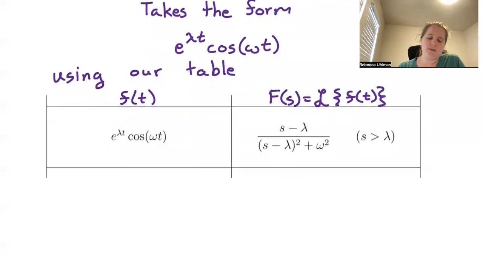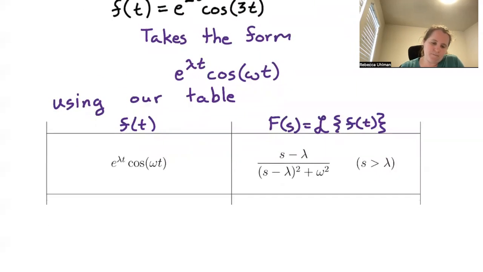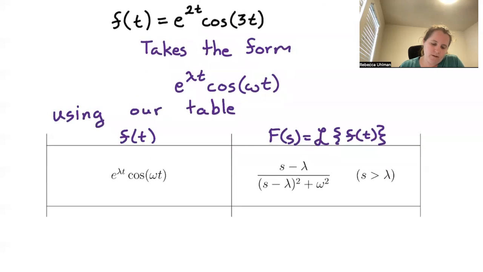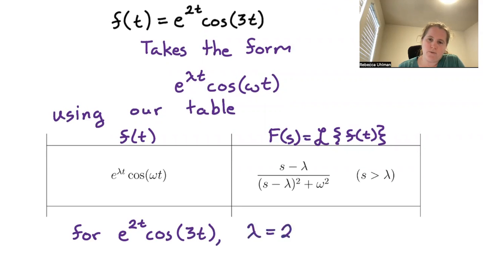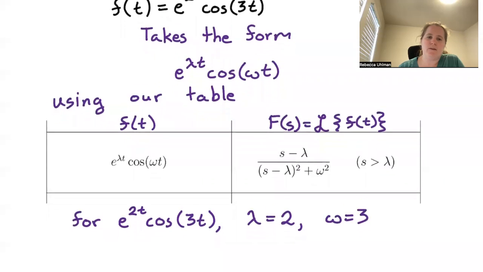So in our case, for e to the 2t cosine of 3t, lambda has been replaced with 2 and omega has been replaced with 3.